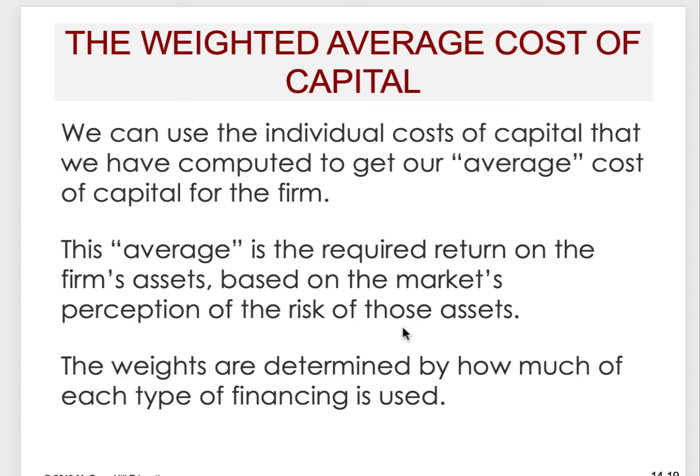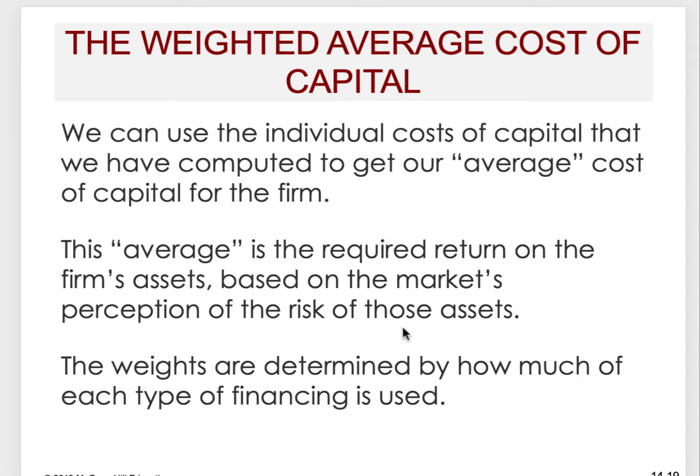Okay, so all that stuff we did for cost of equity, cost of debt, and cost of preferred stock, we're going to take all that and average it. This average is the required return on the firm's assets. It is based on the perception of those risks, whose perceptions?